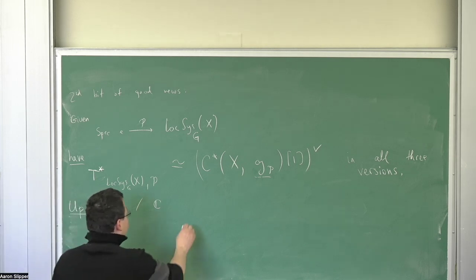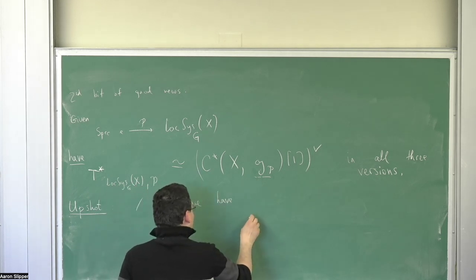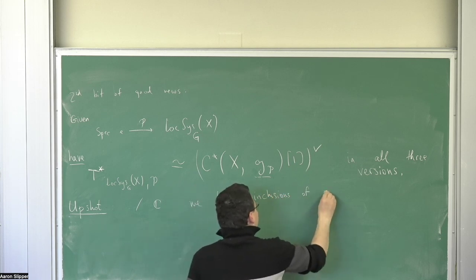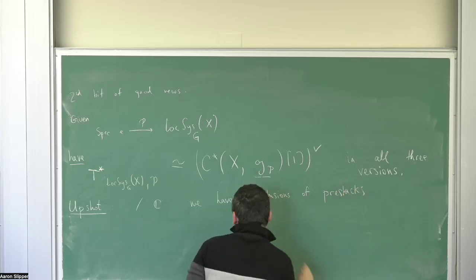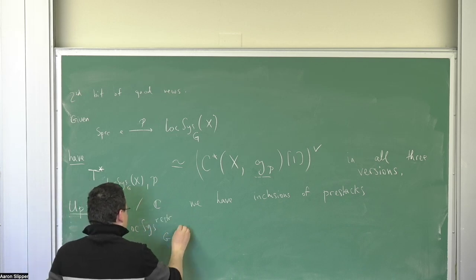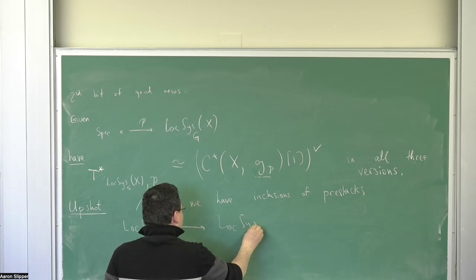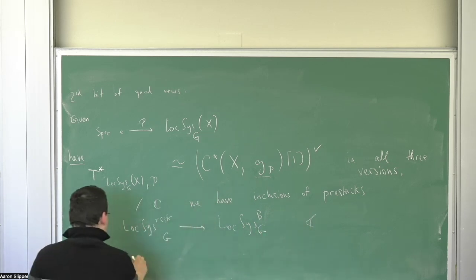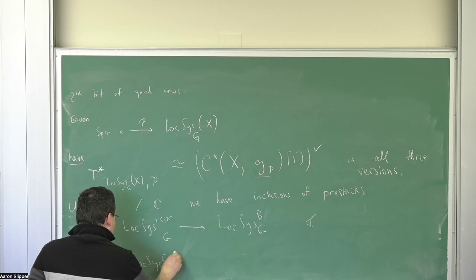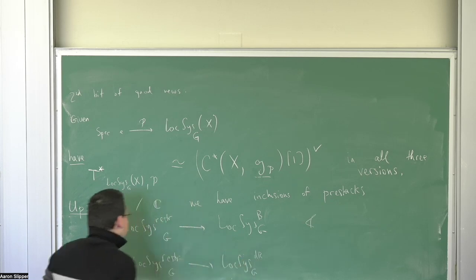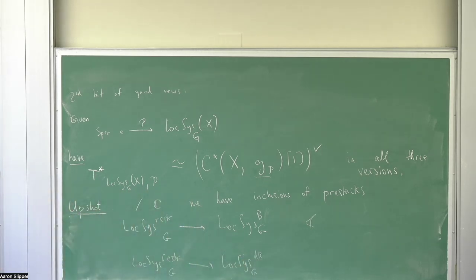Over C, we have maps, kind of inclusions, of stacks: Betti and de Rham. This restricted version, which is the same as the restricted Betti, as we said, and the restricted de Rham, maps to both of them.